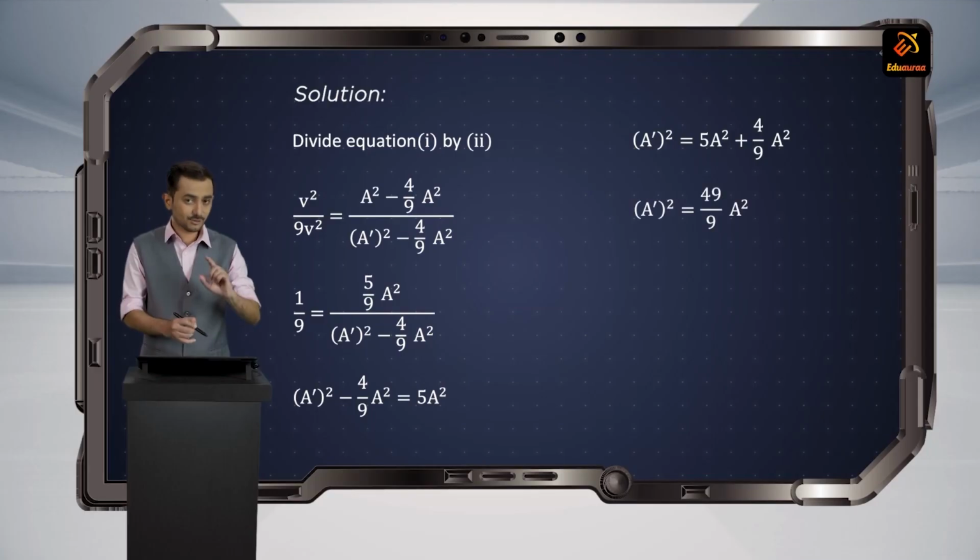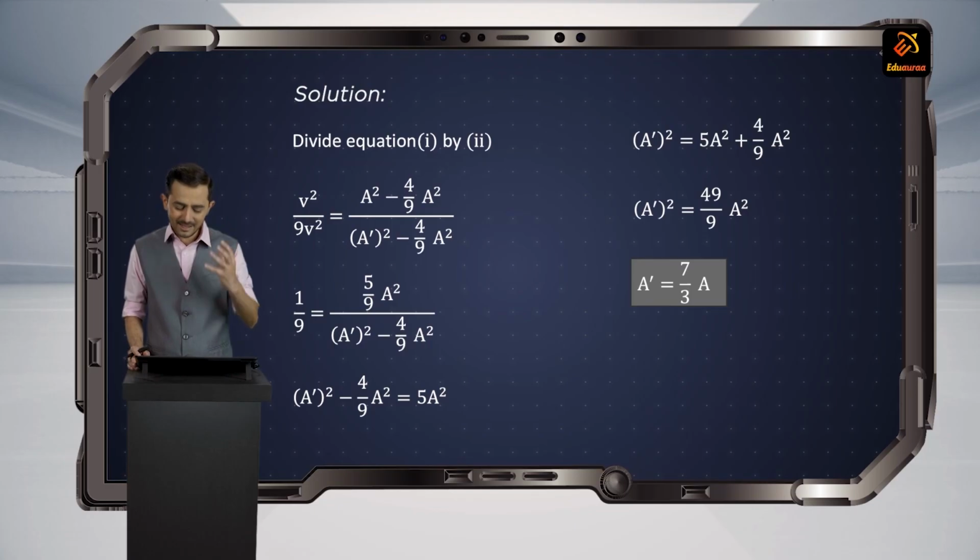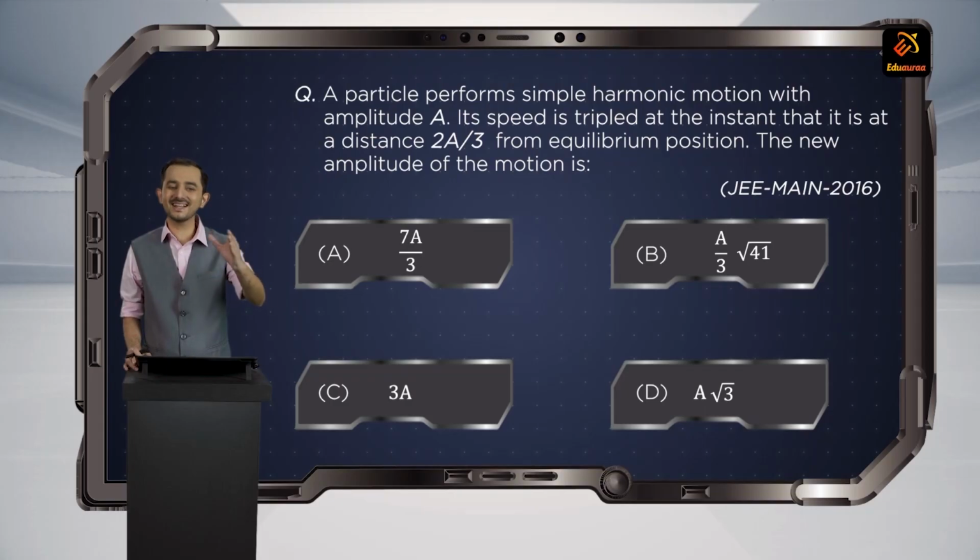Using simple algebra, we are getting A dash square will be equal to 49 by 9 times of a square. Now taking square root of both sides, we get A dash will be equal to 7 by 3 times of a. So the new amplitude which we are considering, A dash, is equal to 7 by 3 times of a. So the correct answer is option A, 7 by 3 times of a.